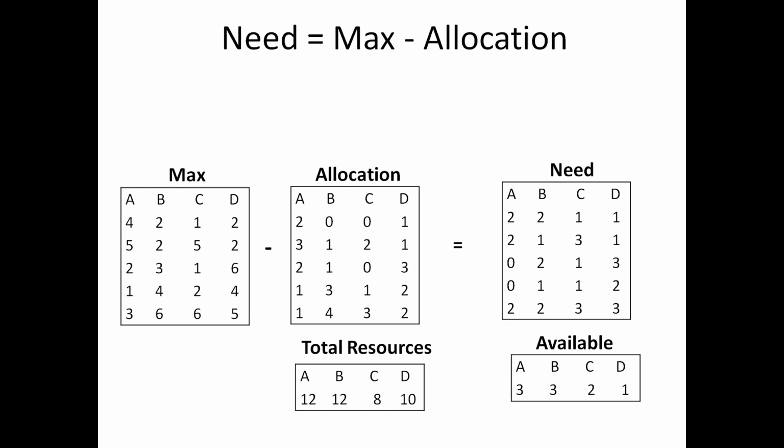So if you just calculate the allocation of resource A, 2 plus 3 is 5, 5 plus 2 is 7, 7 plus 1 is 8, 8 plus 1 is 9. If you add 9 with 3, you get 12, which is nothing but the total resources available under resource A. So we have got all the necessary information. Now we have to proceed to the various questions.